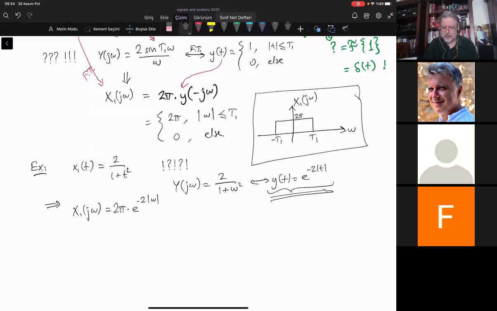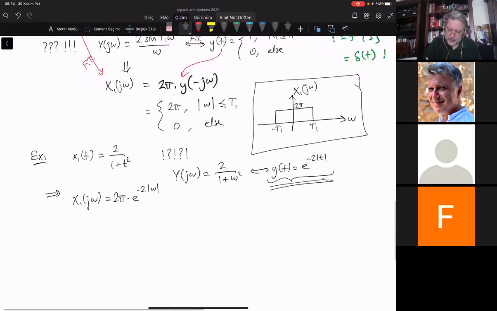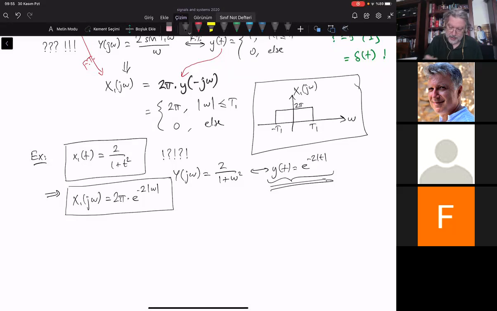You will see that, because there is an omega square term or a t square term in the denominator. They are different things. I will go through those things again. So this x1 of j omega will be 2 pi times e to the minus 2 times the absolute value of minus omega, and the absolute value of minus omega is the same as the absolute value of omega. So this will be the Fourier transform of this time signal.